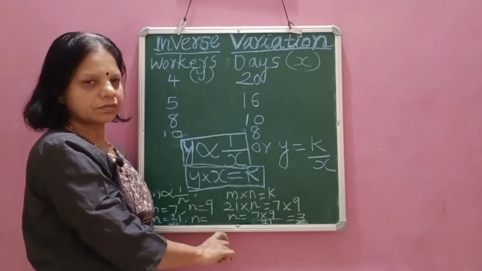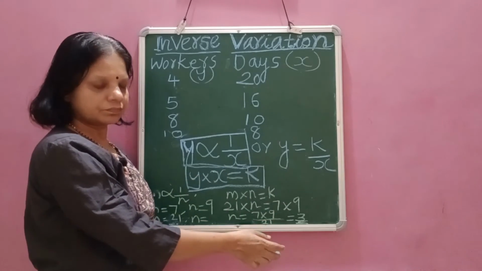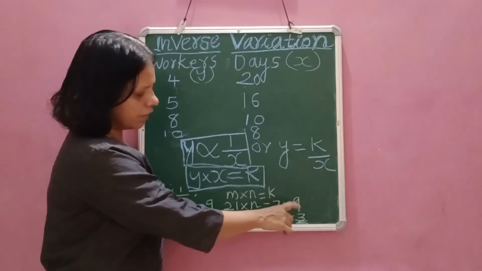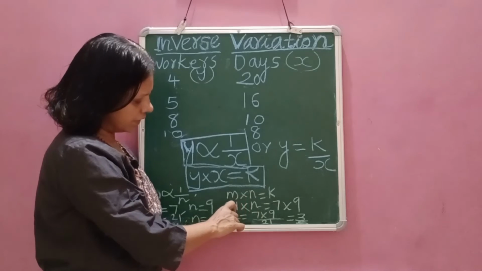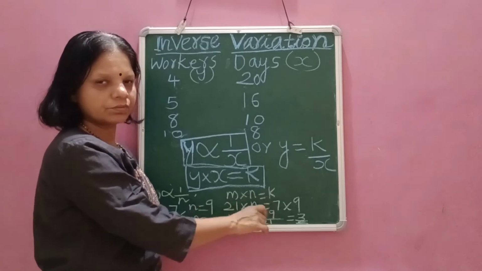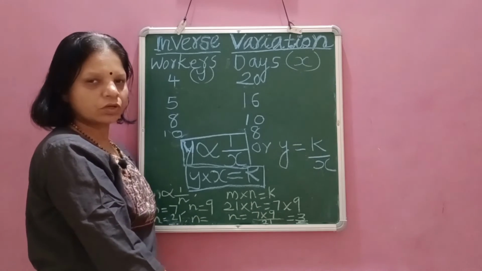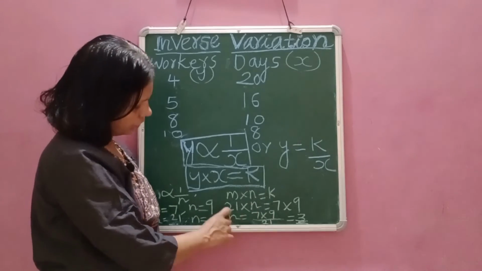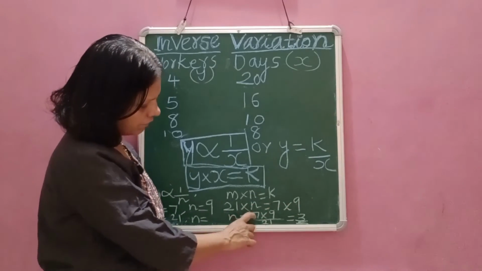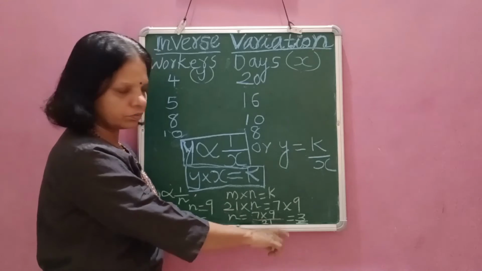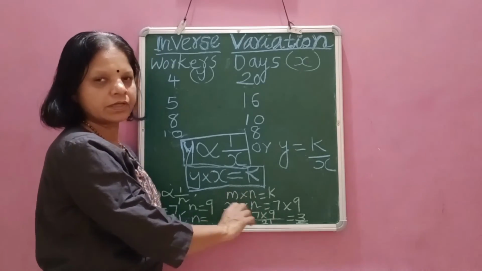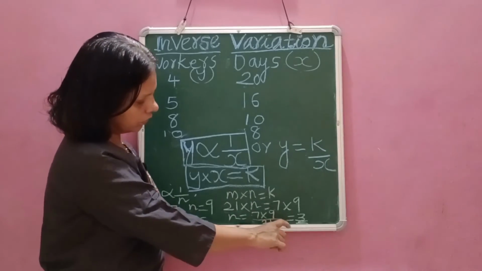Substitute the values in both the cases. In the first case, 7 into 9, and in the second case 21 into n. The value of n you have to find from the equation. You know how to solve the equation. So 21 into n equal to 7 into 9, or n equal to 7 into 9 upon 21. 21 will go to the denominator. When it changes the side, multiplication becomes division. So the answer is 3.